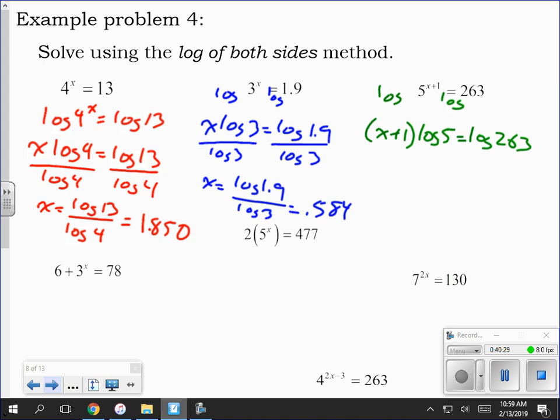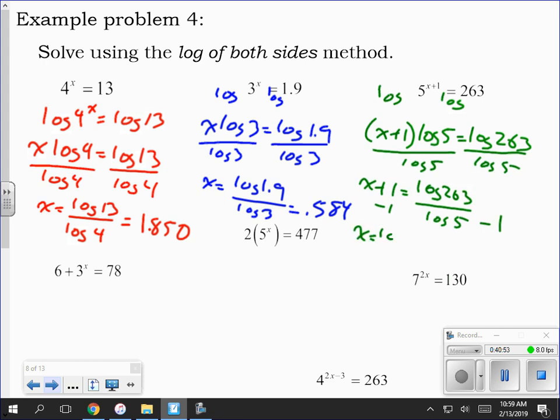Okay. Divide both sides by the log of 5. Which means you have x plus 1 equals the log of 263 divided by the log of 5. Subtract 1 from both sides there. X equals the log of 263 divided by the log of 5, all minus 1.